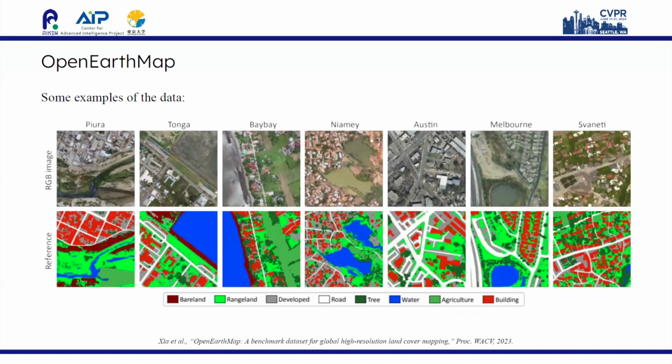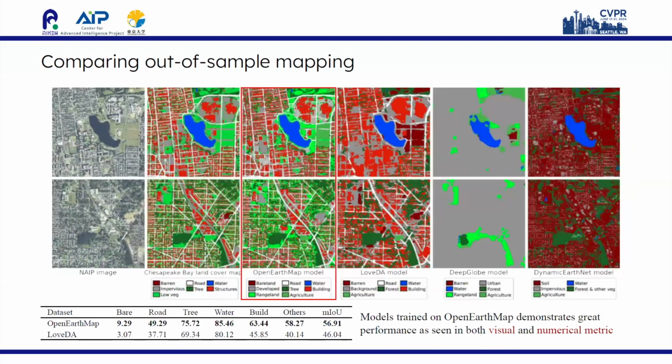Because of time, I'm not really going into details of most of the things here because we are far behind the time. So here we are just comparing a model that was trained on our benchmark with other benchmarks in remote sensing. If you look carefully, these images were not in our benchmark. They are images that we just picked.